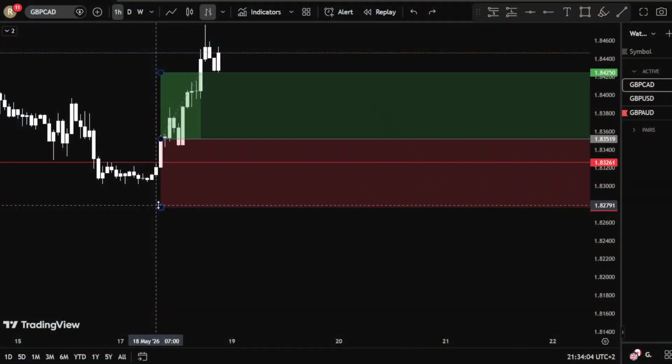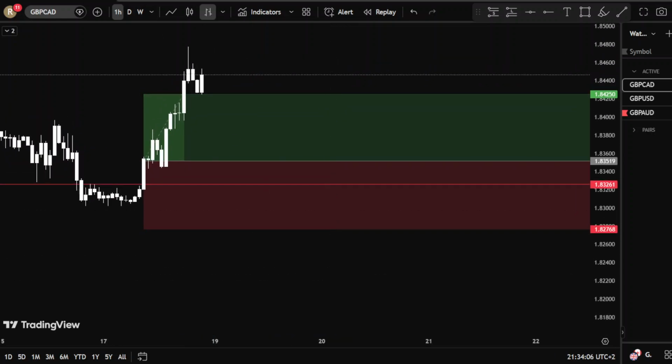Sometimes it will hit the stop loss, and that's fine, but often I exit the trade at 50%. So basically, it keeps my risk to reward higher, and my strategy is working very well doing it like that. Anyway, let's go back to the chart. So that's what happened.